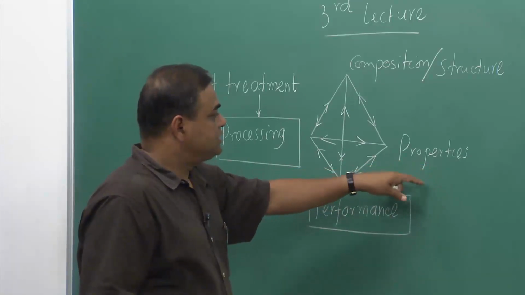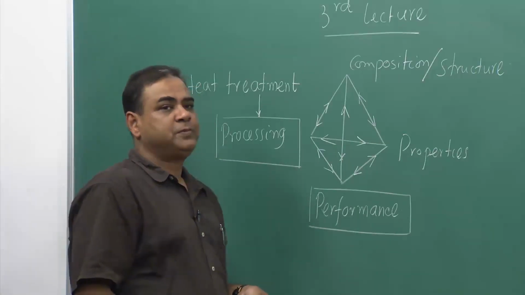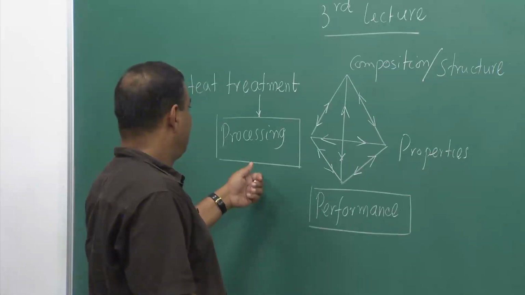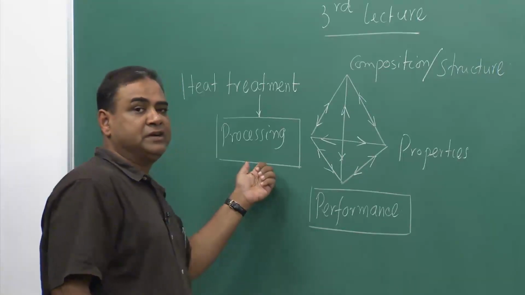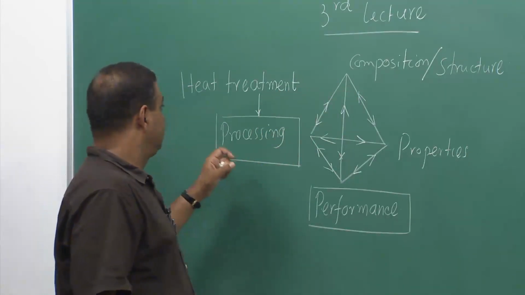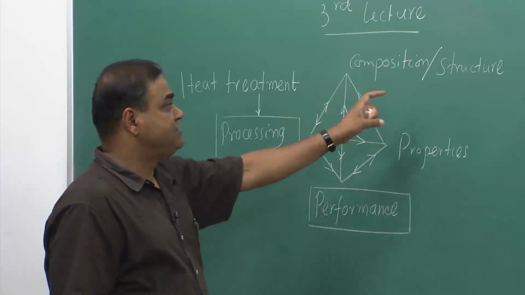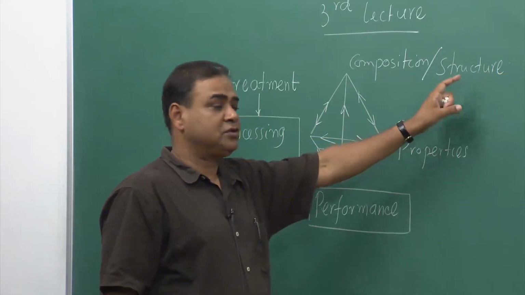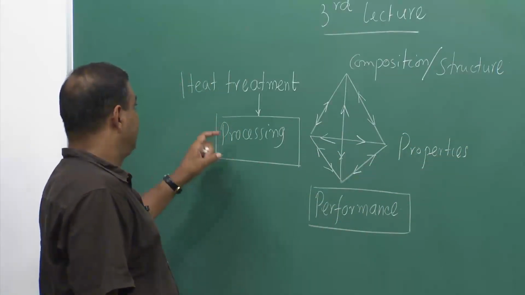And in order to make modification in the properties as per our wish, we can also change the processing condition on the same material. And when we change the processing condition, we can have a change in the structure again, correspondingly a change in properties, and finally, we have different performance.